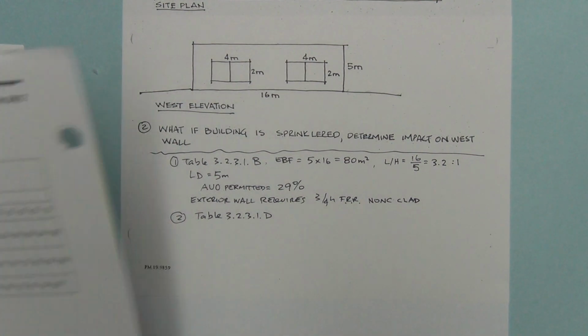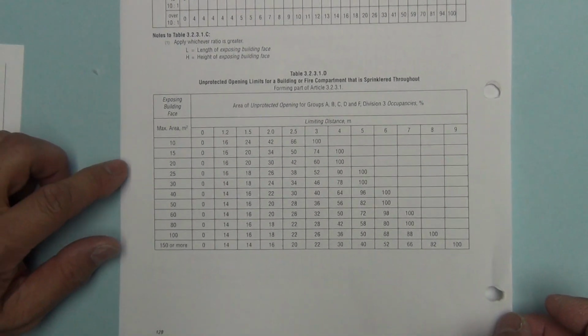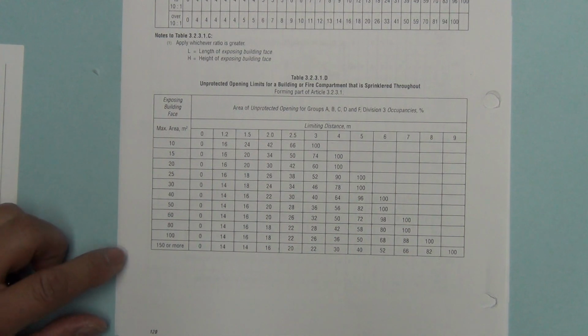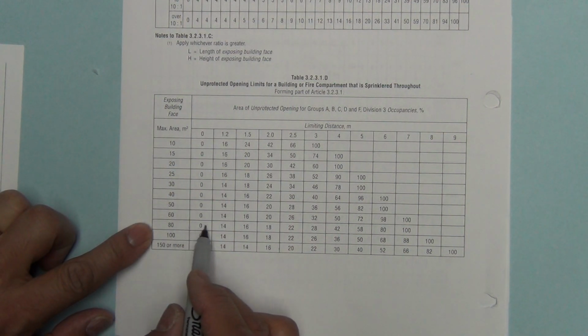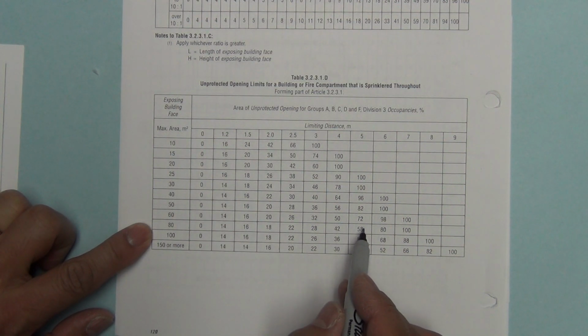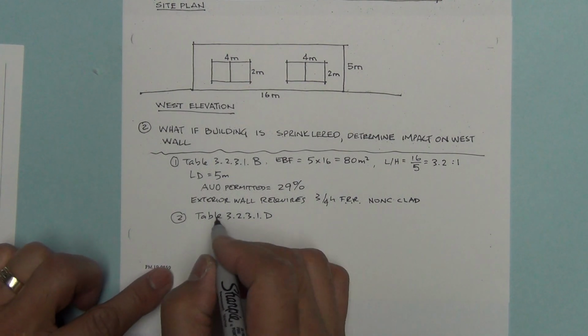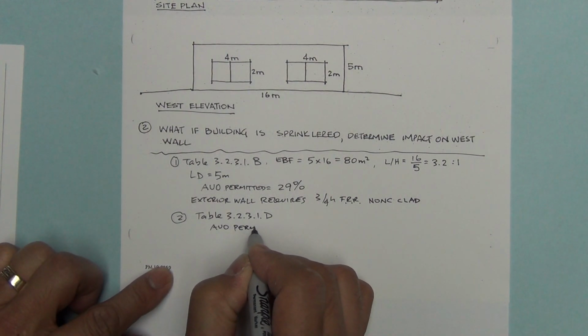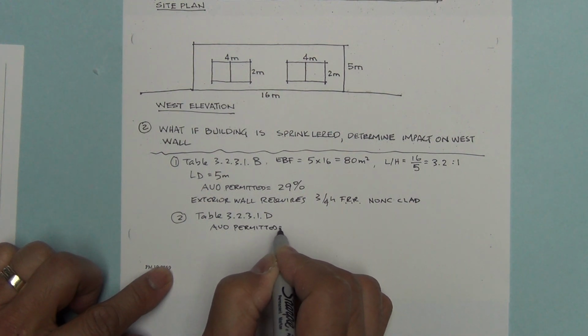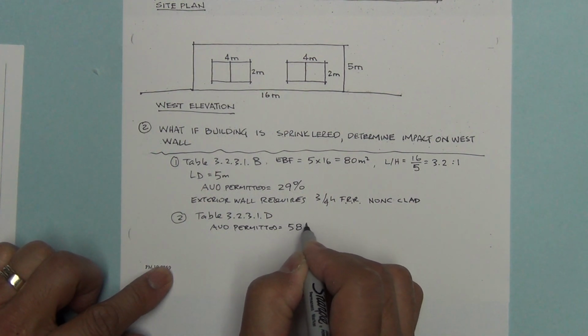5 meter limiting distance. Looking at table D, 80 square meters is down to here. 5 meter limiting distance, 58%. So area of unprotected openings permitted is now 58%.